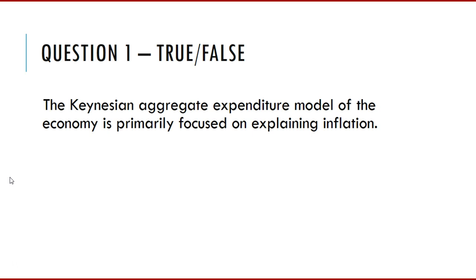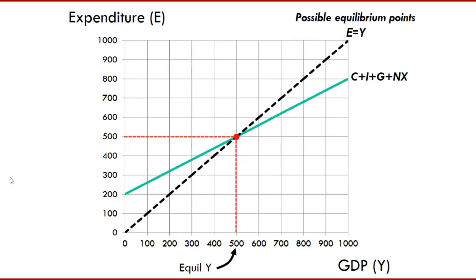If we quickly look at the model, you'll remember from watching the videos, here we've got our Keynesian model, and we can see here that it is in equilibrium. That is, it is producing at an output level, a real GDP level, of 500, and expenditure is similarly 500.